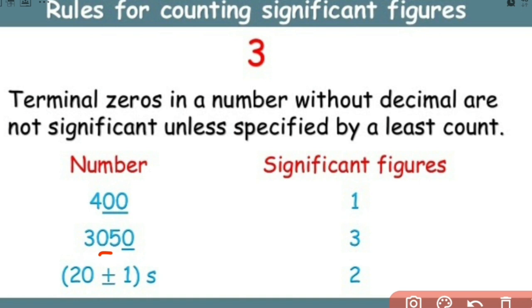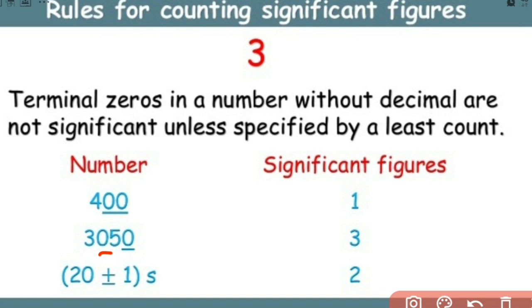Now what do we mean by unless specified by an instrument, the least count of an instrument? Here in the last reading it's written 20 plus or minus 1. In what form is that plus or minus 1 written? That is the quoted value form. We discussed in the previous day, in a measurement, this is the quoted value form. In that, the 1 stands for the possible error.